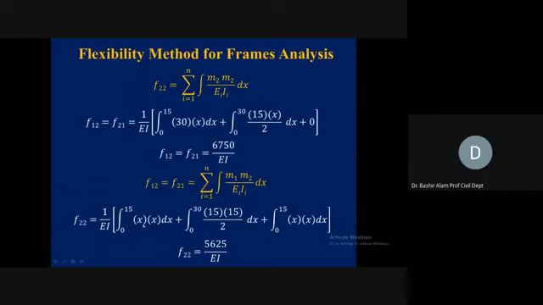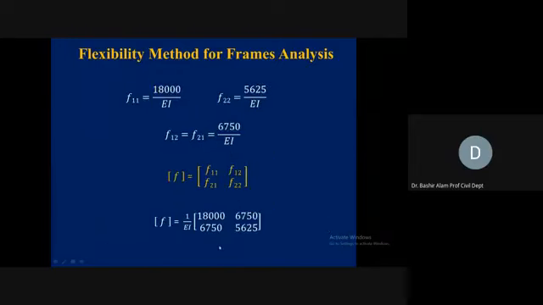Then F22 is x times x, 15 times 15, and x times x. So F22 is coming to this value. The flexibility coefficient matrix is now complete.